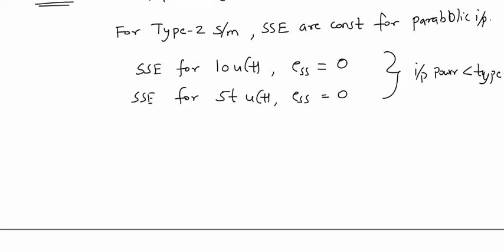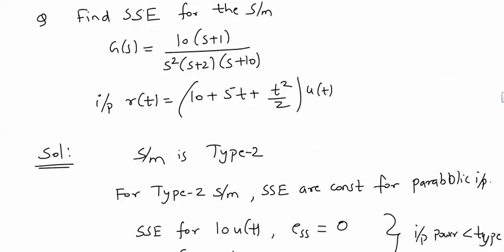Now SSE for t square by 2 into u of t, in this case the steady state error will be A by K, and the value of A is 1, because by default the parabolic input is t square by 2. So A into t square by 2, so A is 1. And what about K? Now I have to calculate the value of K. K is system gain in time constant form.